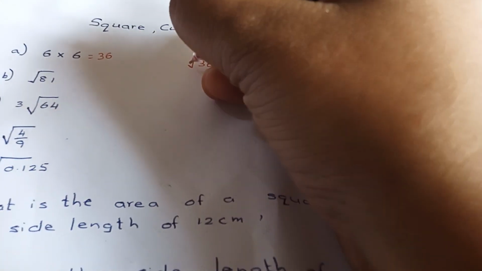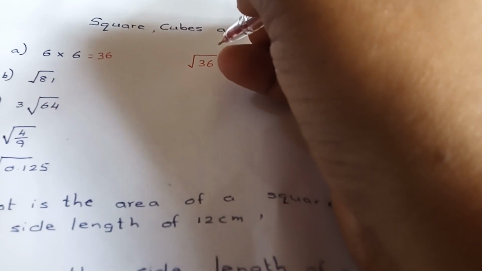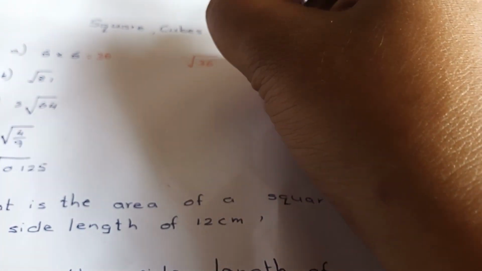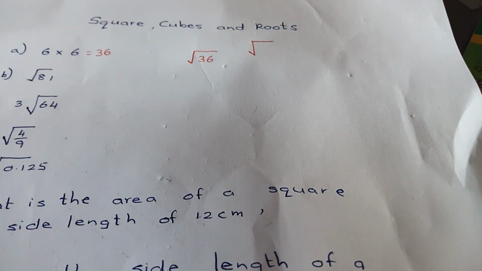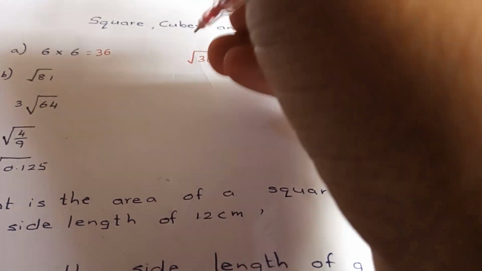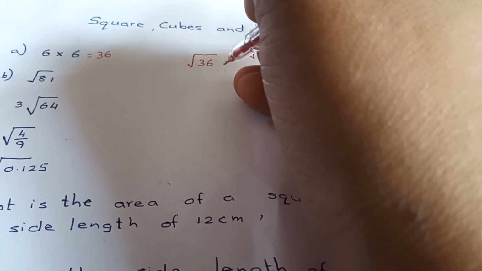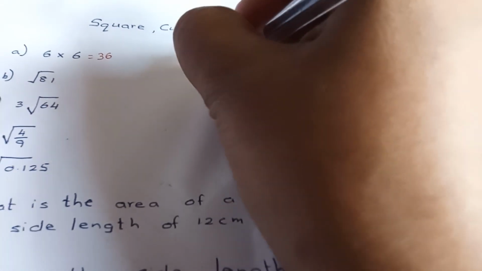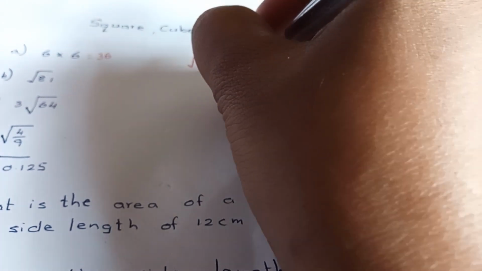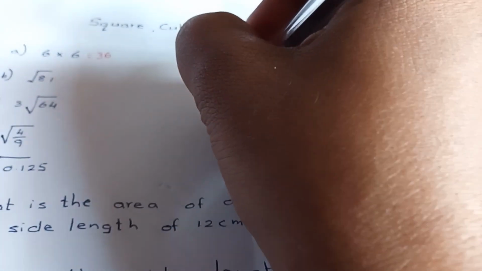That is the square root of 36. This is the symbol of square root. How can we get 36 by multiplying the same number? It's 6 times 6. If they ask what the square root of 36 is, it's 6.